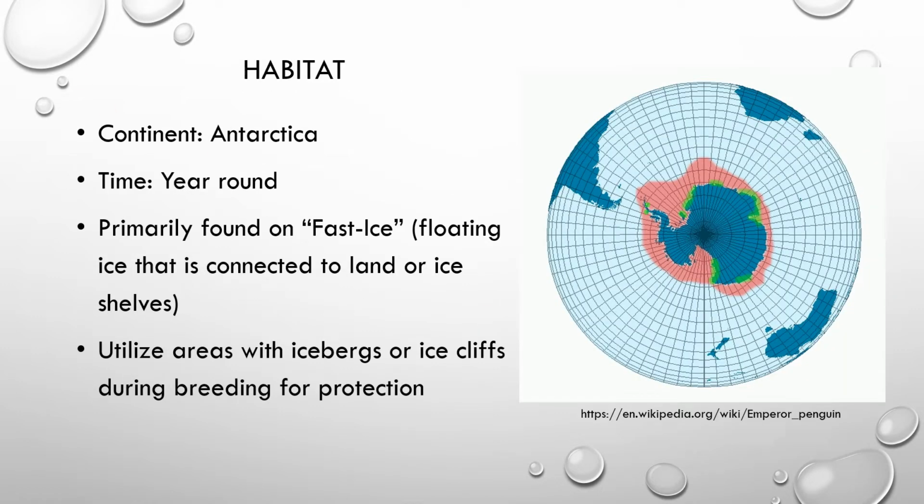So next we have our habitat. The only continent that they inhabit is Antarctica, and they inhabit it year-round. They are primarily found on what's called fast ice, which is floating ice that is connected to land or ice shelves.